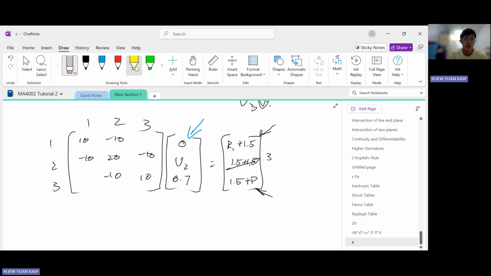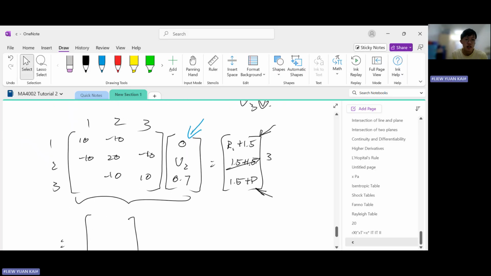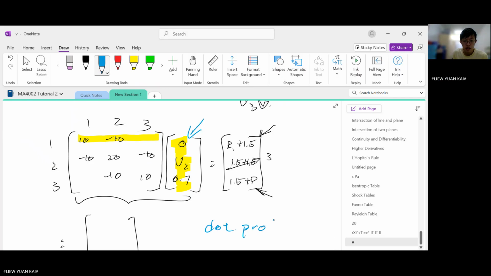So if you want to calculate this multiplication, the first entry is obtained by taking row 1 dot product with column 1. By the way, dot product means I take the corresponding entries, multiply them together, and then add those products together.